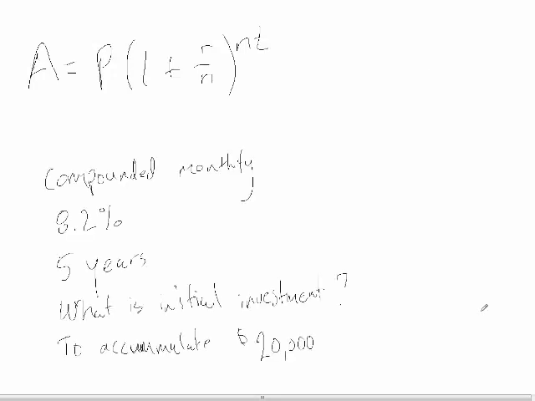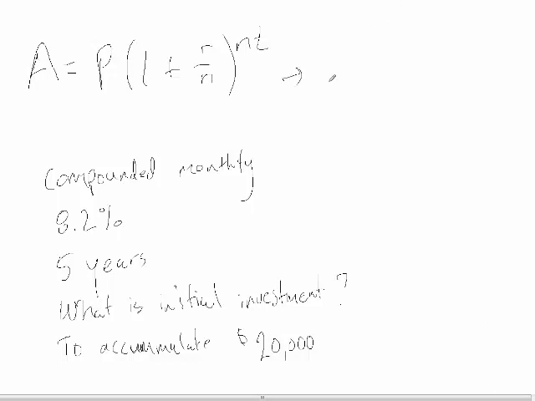So here's a problem. I've got an account compounded monthly at 8.2%, and in 5 years I want to accumulate $20,000. What must my initial investment be?